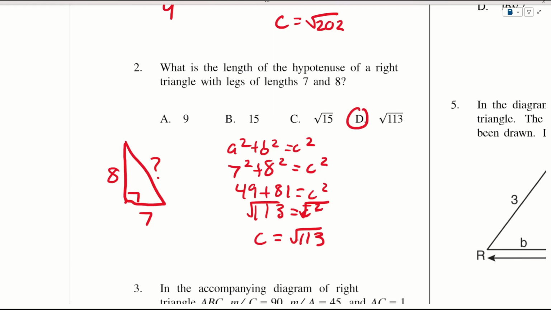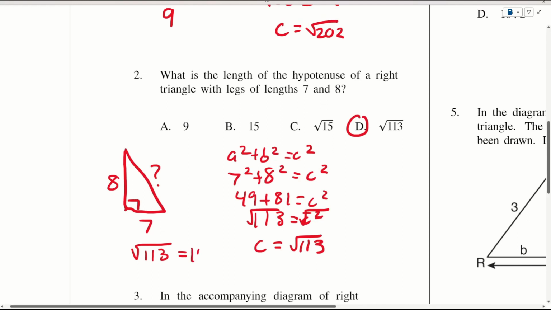If you're wondering why root 113 is going to be longer, well, put this in a calculator. If you put this in the calculator, root 113 is going to give us 10.63. So you may wonder, the hypotenuse is always the longer side. Well, is 10.63 longer than 8 and 7? Yes. So root 113 does make sense.